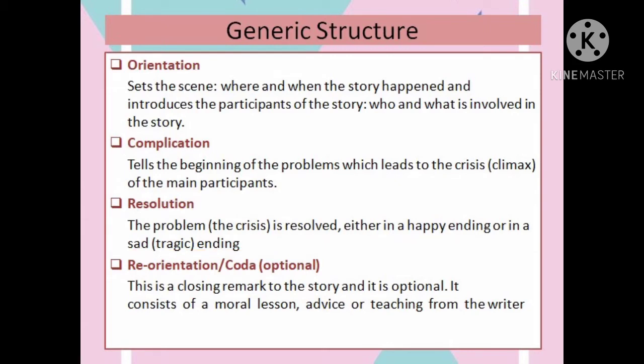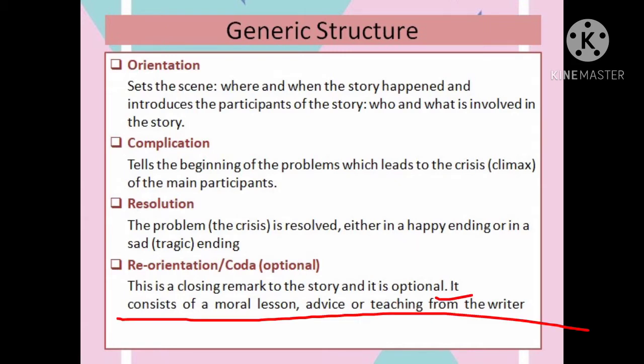And the last is reorientation or coda. Yang terakhir adalah reorientasi atau koda. This is a closing remark to the story and it is optional. Jadi optional ya. Ini boleh ada dalam cerita dan boleh juga tidak ada dalam cerita.